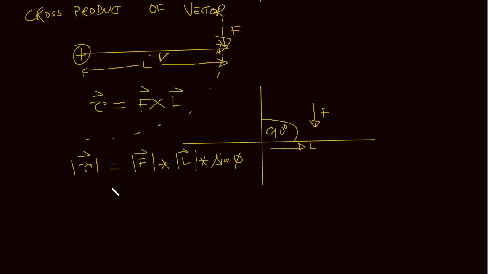So the magnitude is the same as force multiplied with magnitude of arm and sine 90 degrees, which is 1.